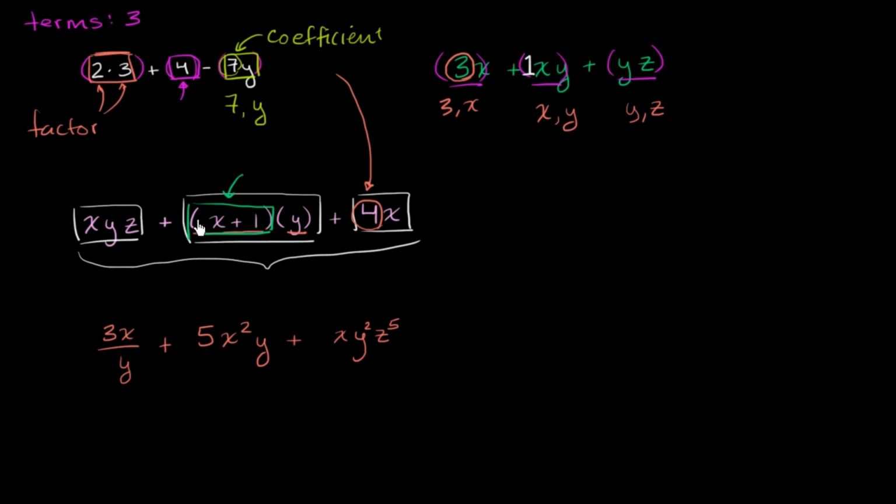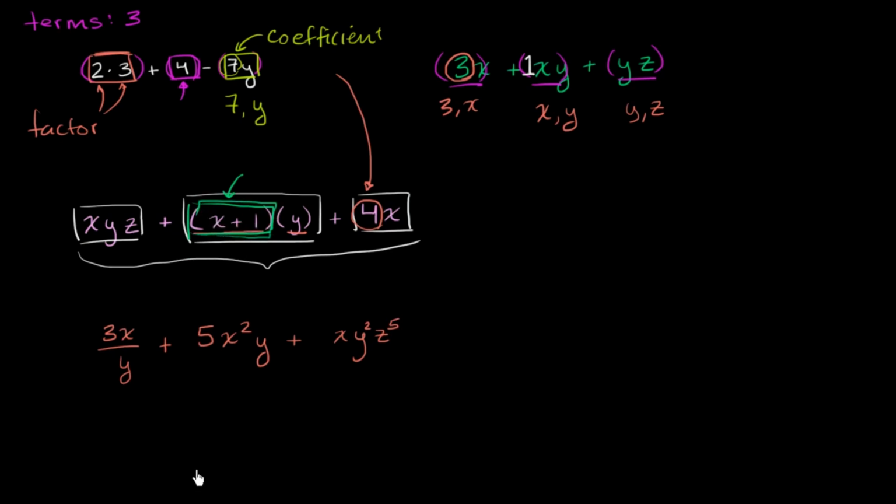So you can keep nesting these expressions, and when you talk about terms or factors of terms, you have to really specify what part of the nesting you're thinking about. If you're talking about the terms of this whole expression, there's 1, 2, 3. But then you could look at this sub-expression, which itself is a factor of a term, and say, oh, well, there's only 2 terms in this one.